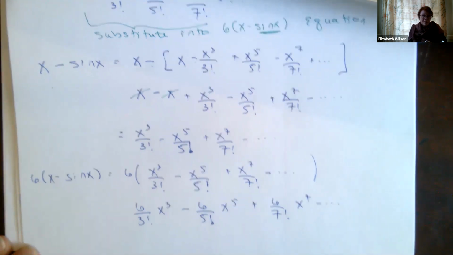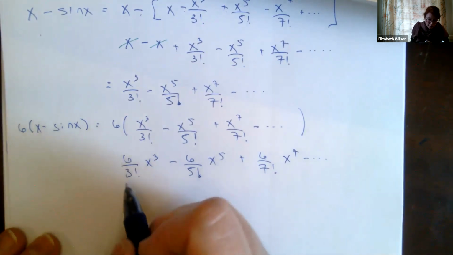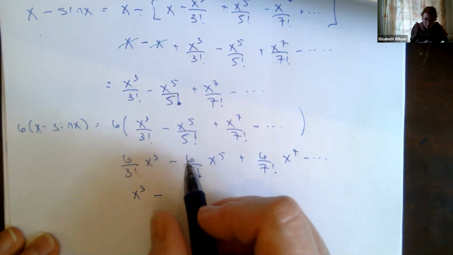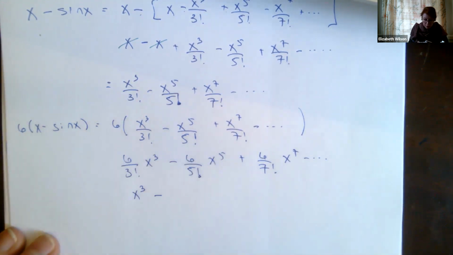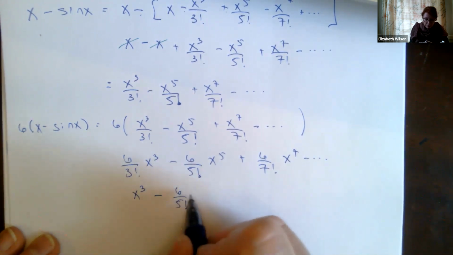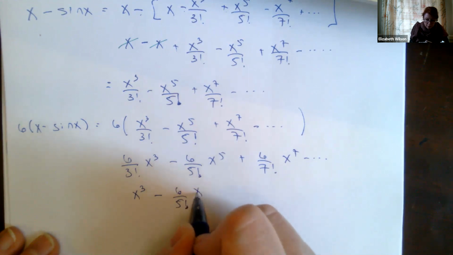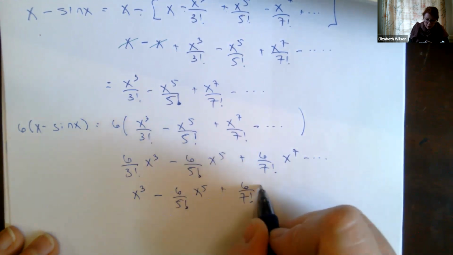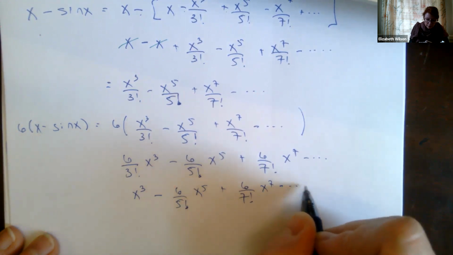6 over 3 factorial is equal to 1. So I'm going to rewrite this as x cubed minus 6 over 5 factorial, and I'm going to leave it like that. I know I can simplify it into a fraction, but I'm going to leave it as 6 over 5 factorial. This is just going to be plus 6 over 7 factorial. I can simplify this too, but I'm just going to be lazy.